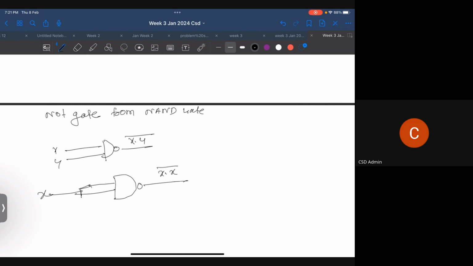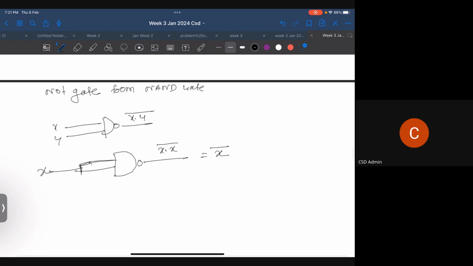Since x dot x equals x, it will be x bar. So with the help of short circuiting two inputs, we can get the NOT gate. If I give 1, it will be 0. Is the NOT gate clear for everyone? Yes, sir.